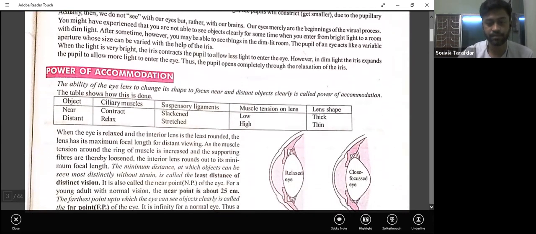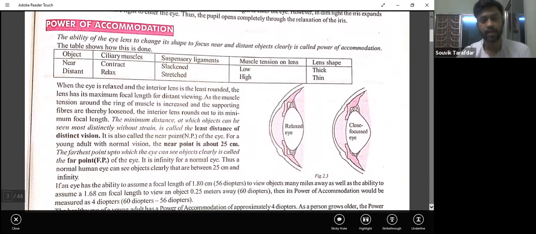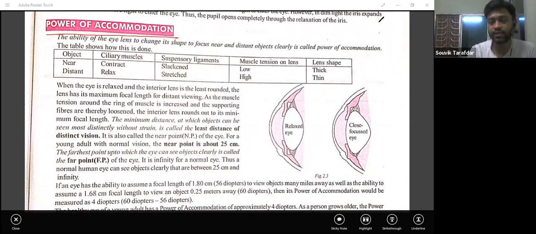Now, a very important thing I will say, that is known as the power of accommodation. Now see one thing, students. I already told you that the eye lens can be bulged or thin, isn't it?